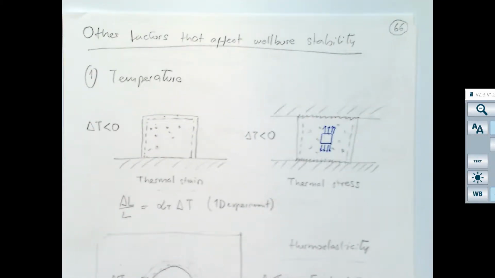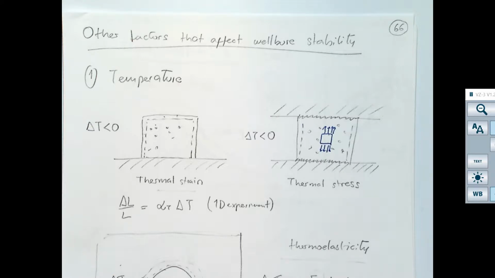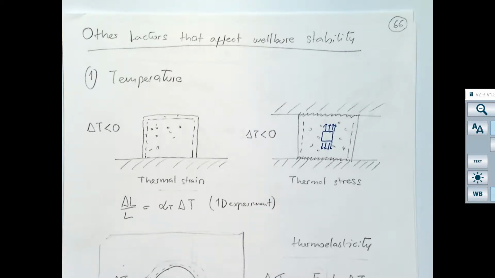In addition to the ones that we saw about shear failure that produces breakouts and tensile failure that leads to drilling-induced fractures, and sometimes to lost circulation if that fracture goes beyond a small fracture, we have to consider also the effects of temperature.